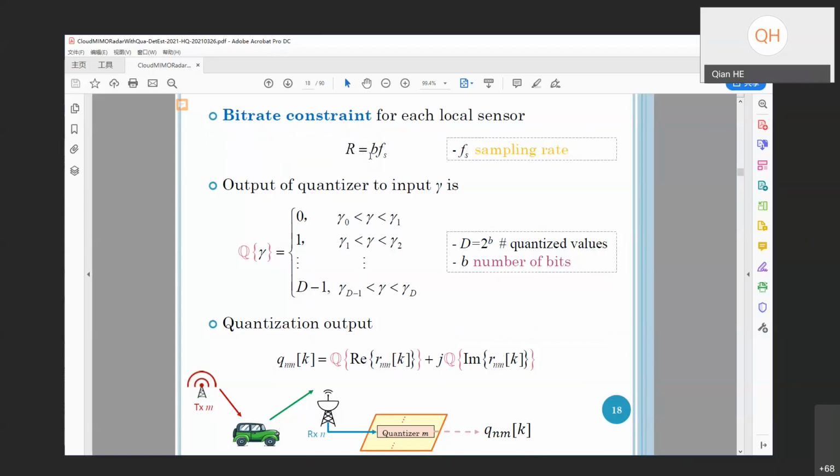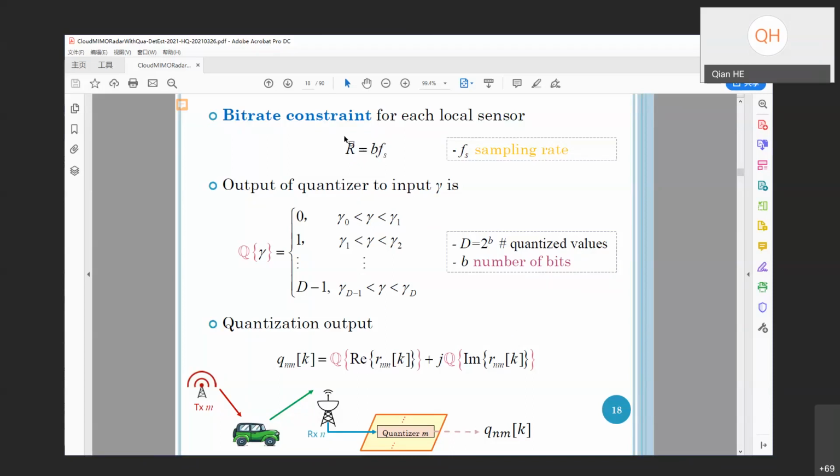This B, the number of bits of the quantizer, has to do with the bit rate, because if you have a B-bit quantizer, the message you send out has this number of bits. Remember previously we said that, due to the communication burden, a very important constraint we consider in our work is bit rate. This is the definition of bit rate: the product of the number of bits times the sampling rate.